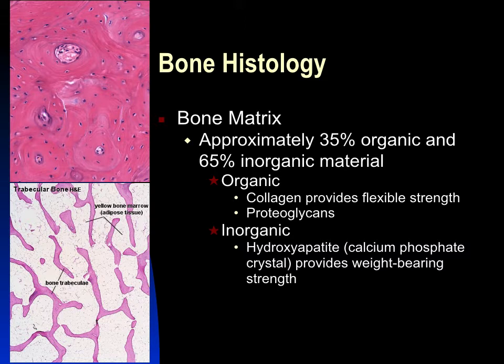They provide some flexibility. The inorganic material is calcium salts, calcium phosphate crystals in the form of hydroxyapatite. This provides the solid structure. It's quite brittle without the organic materials, but with them both, it's strong, slightly flexible, and resists breaking.